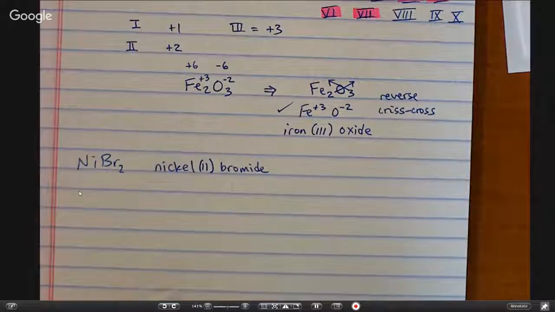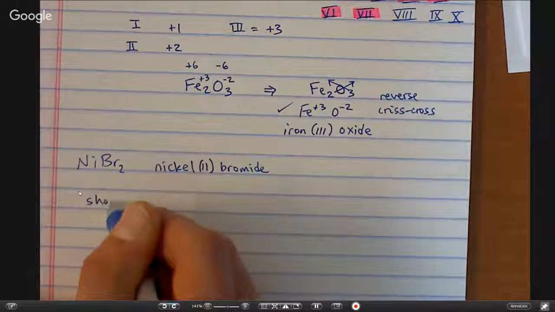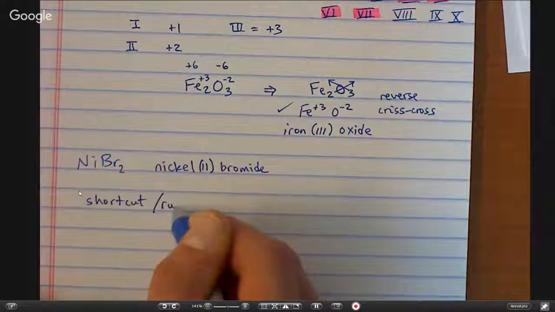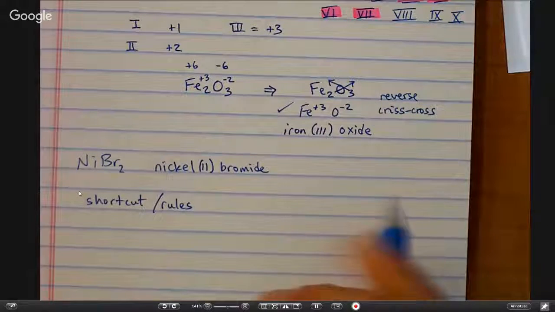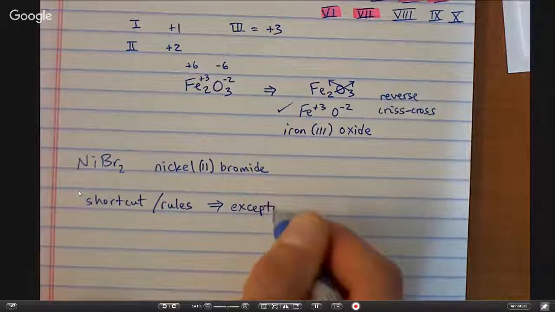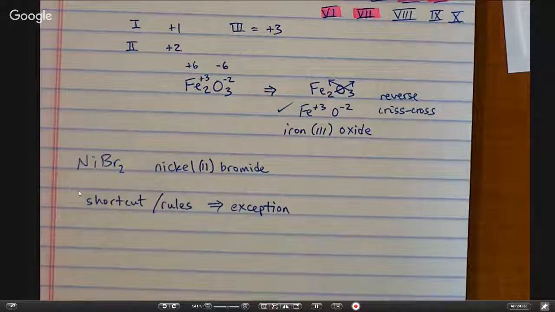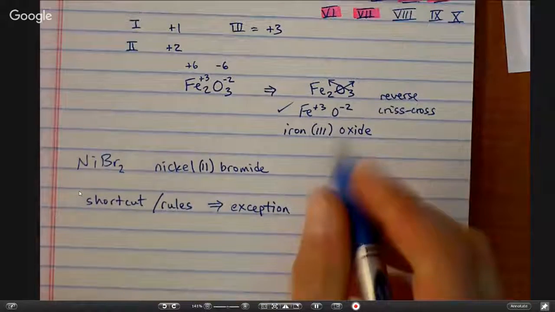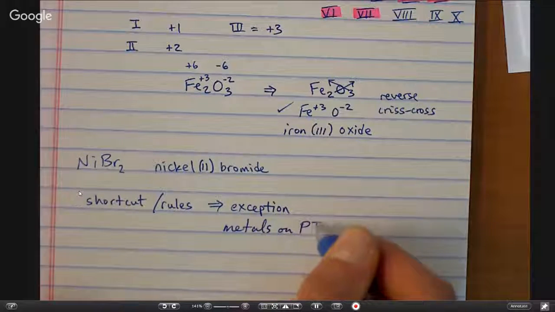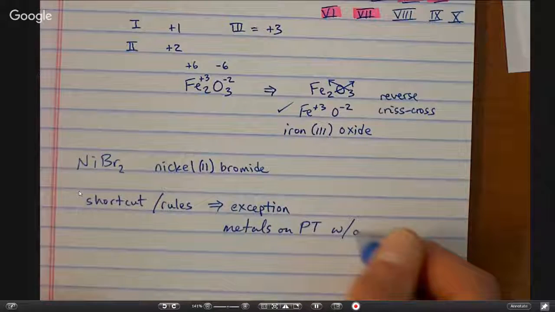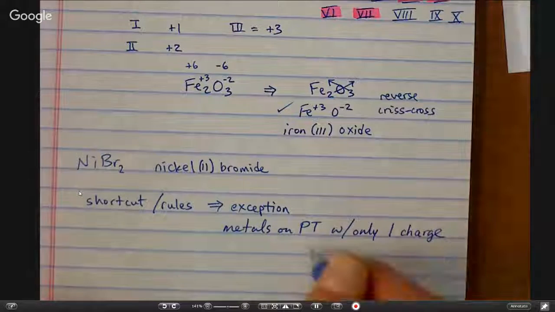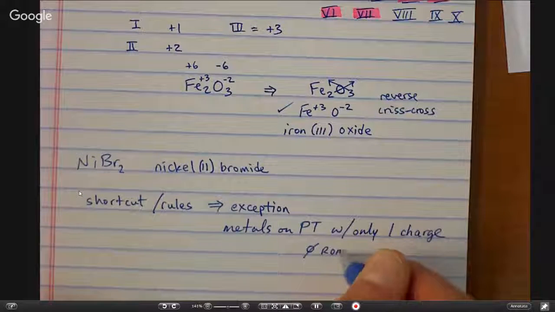But what I want to do is give you a shortcut, if you will, or rules to follow as far as an exception. Okay, so these exceptions are going to be metals on the periodic table with only 1 charge, which means that they do not get a Roman numeral.